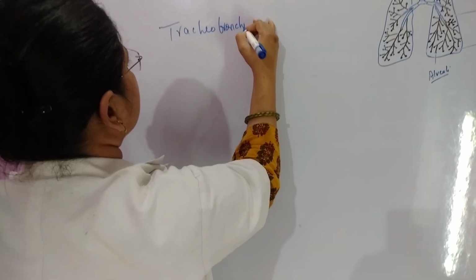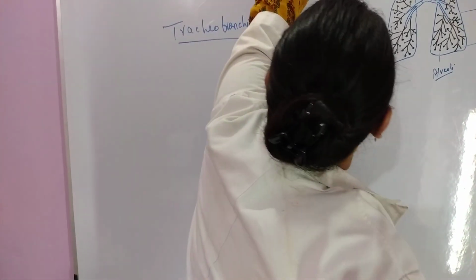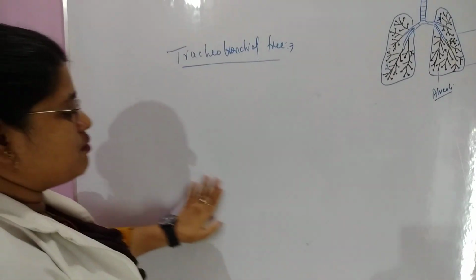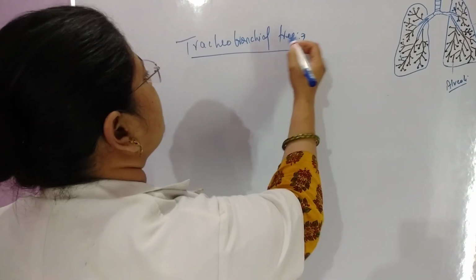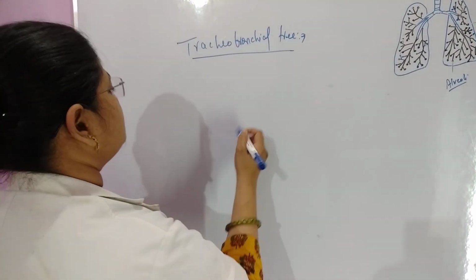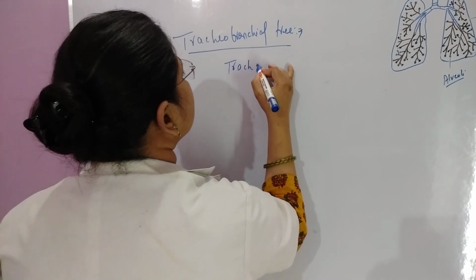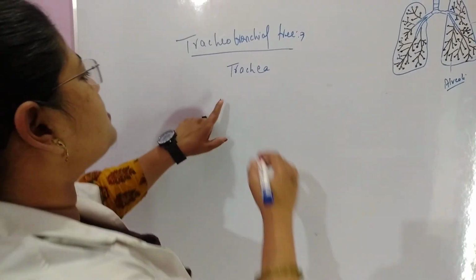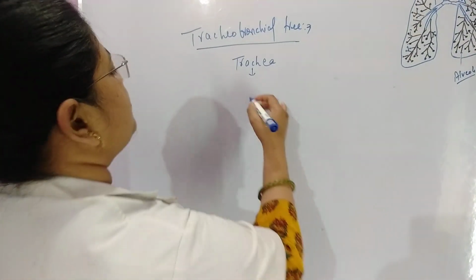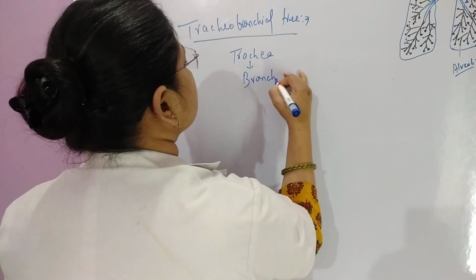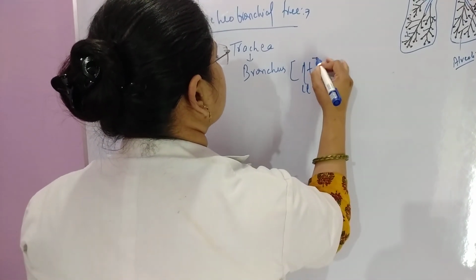Tree means branching, rebranching like a tree. In the tracheobronchial tree, we start from the trachea, and this trachea gives bronchi, or bronchus, the right bronchus and left bronchus.